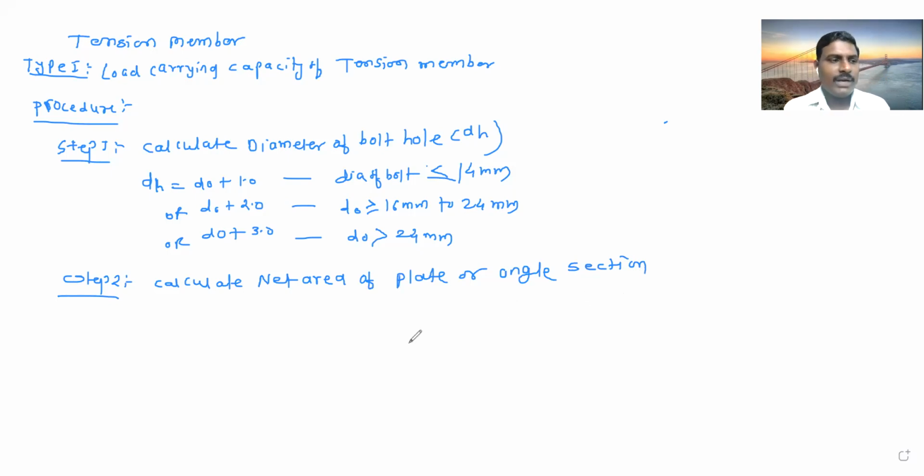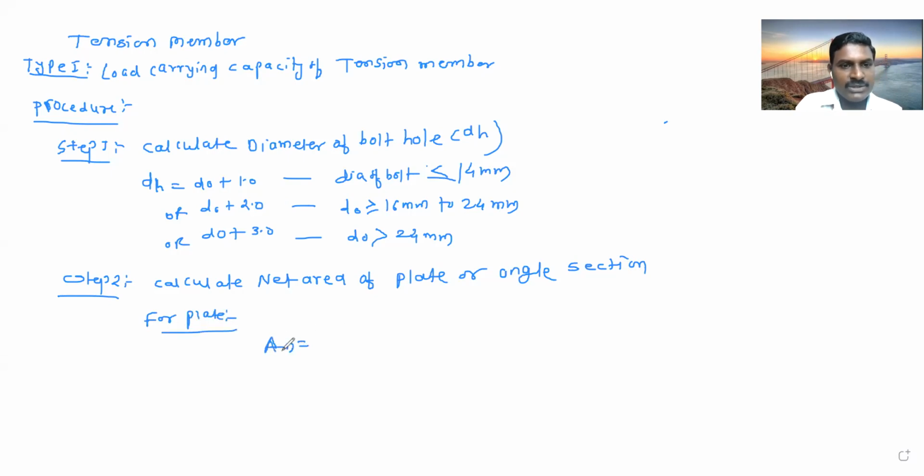We have seen how to calculate net area for plate or net area for angle section in detail in the earlier calculation. So net area for plate, we will see first.